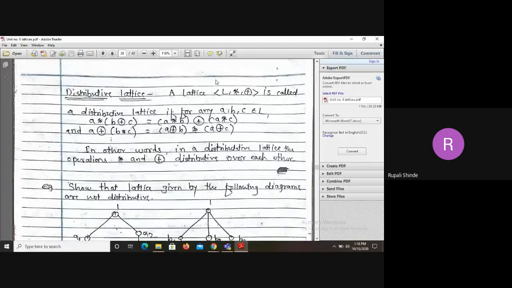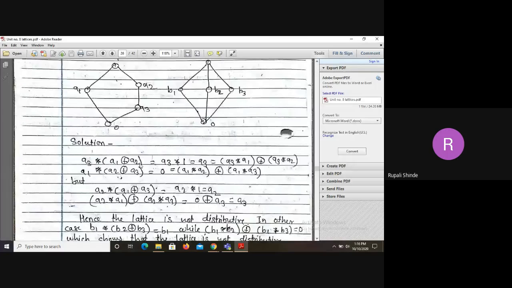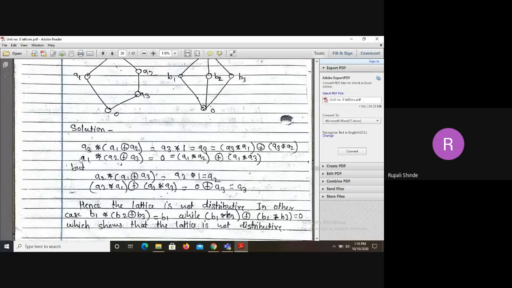Likewise, for three elements, the first element we take as A, then the star operation, and for the other two elements we apply XOR. Now we have to check whether LHS is equal to RHS. Consider this as LHS, that is A1 * (A2 XOR A3).